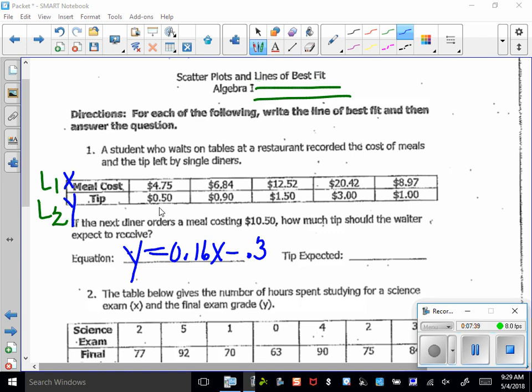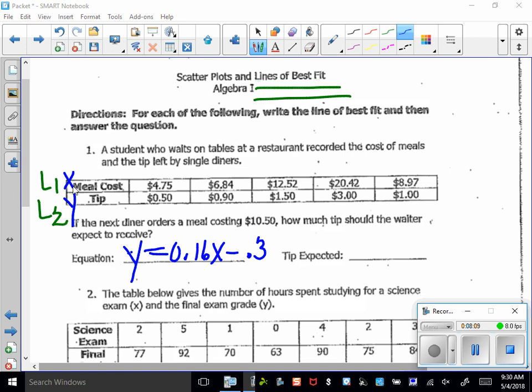Okay, so the whole purpose of getting this equation from the calculator is so you can make a very nice prediction. So here it's going to say if the next dinner order is costing $10.50, how much should the tip be? So what you're going to do is, now keep in mind, this is meal cost. Okay, now this is the part that's very important, guys, so pay attention.